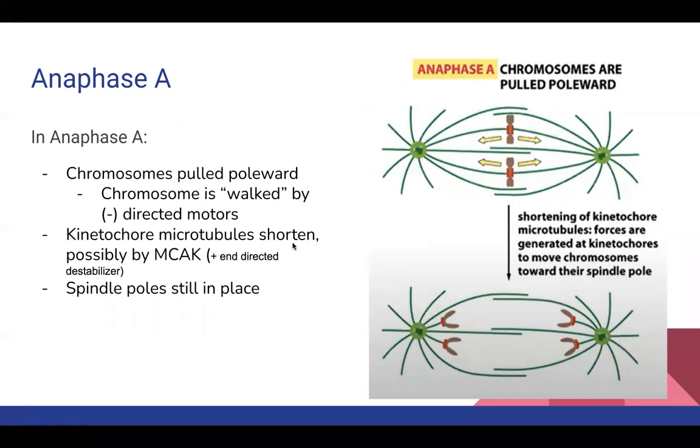The kinetochore microtubules are also beginning to shorten, which also helps with the pulling process, possibly by MCAK, which is a plus end directed destabilizer. So as we know, it's going to keep shortening down and down with the destabilizer for the microtubules. And then the spindle poles still stay in their place. They don't totally move yet. It's more everything else that's moving towards them.